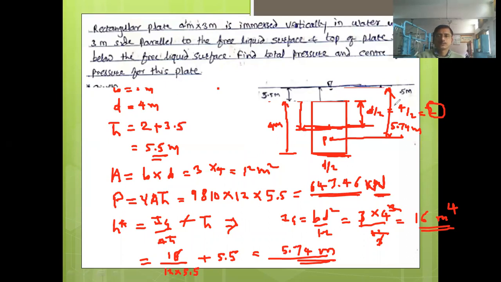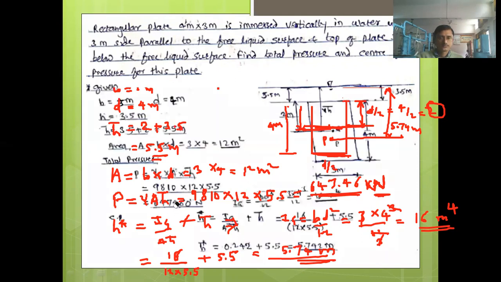So I will clear it now so that you can see the answer. You can see here the value of P is 64746 Newton. That is correct. And H star is equal to 5.74 meter.